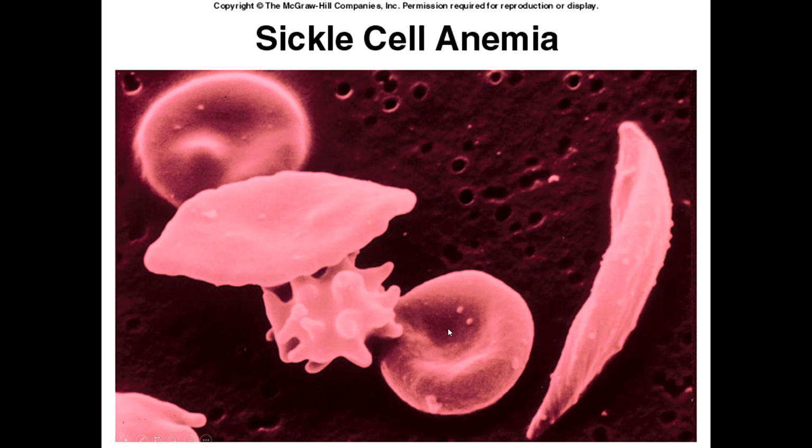But in sickle cell trait, the gene that causes this causes the hemoglobin to be faulty, and that causes the red blood cell to lose its shape and take on this sickle shape, hence the name sickle cell anemia, or sickle cell trait, or sickle cell disease, depending.